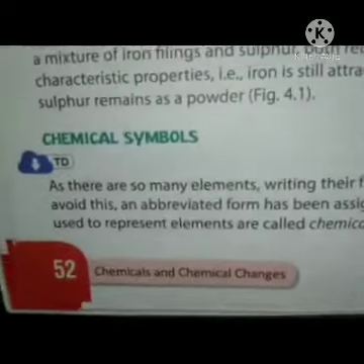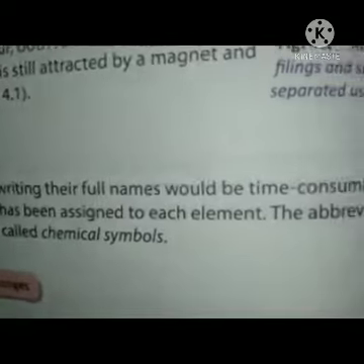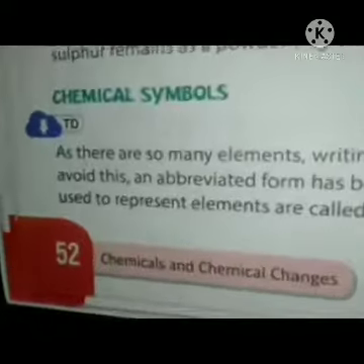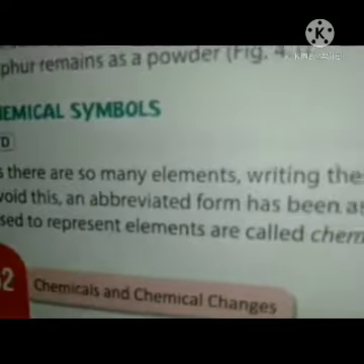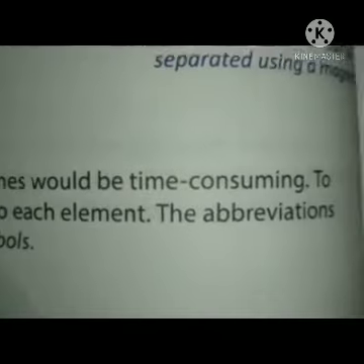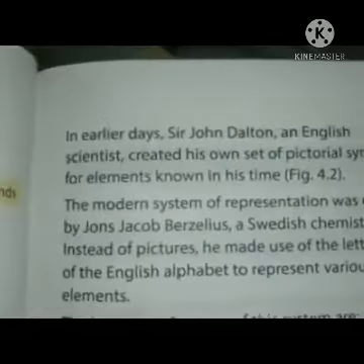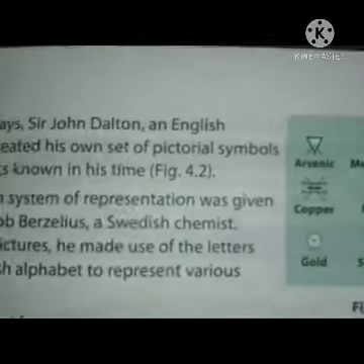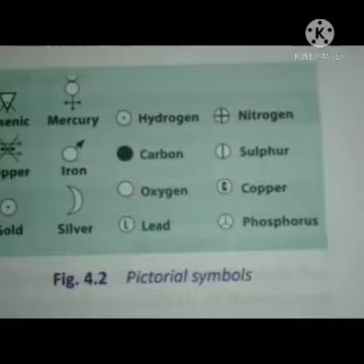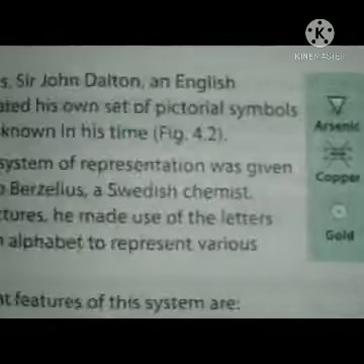Now chemical symbols. There are so many elements, and writing their full names would be time consuming. To reduce this process, an abbreviated form is used, where we write symbols for representing each element. Initially Sir Charles Dalton, an English scientist, created his own pictorial symbols. These symbols are no longer used, so you don't have to study them.